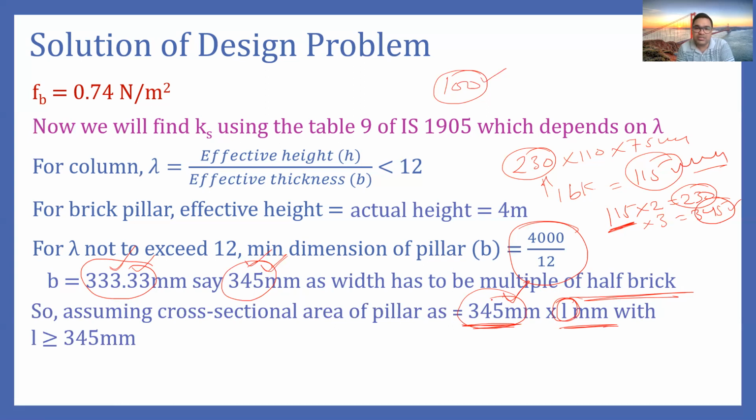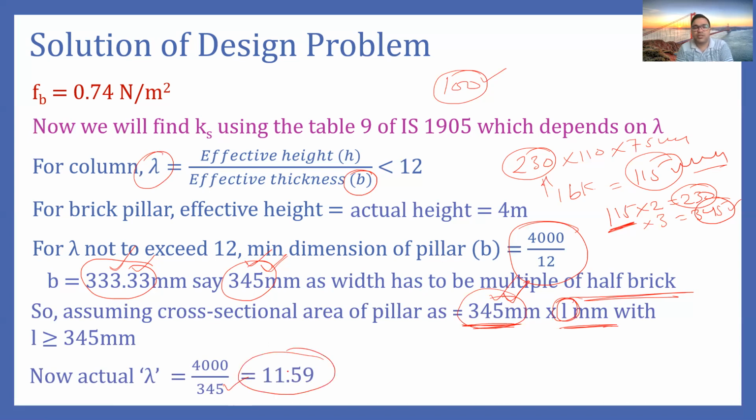So we can put this value in place of B to calculate the actual value of lambda. The actual value of lambda is 4000 by 345, which gives us lambda as 11.59.